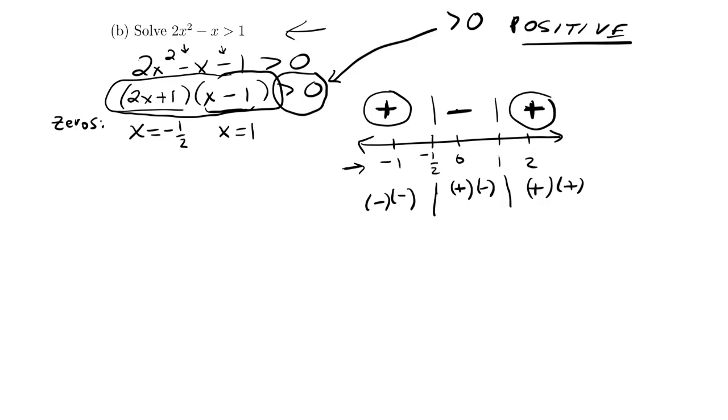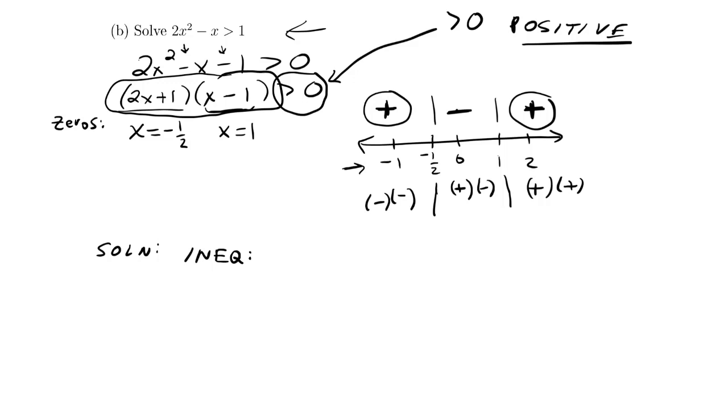Now this time, because I don't have an or equals to, I don't want to include the breakpoints, because those are when the left-hand side is equal to 0. So when I go and do my solution now, you see I have two separated regions on the graph, so I'm not going to be able to put these together. So I'm going to have to do them separately.